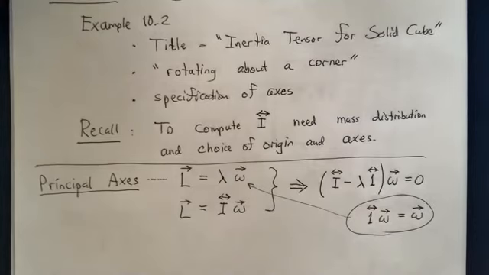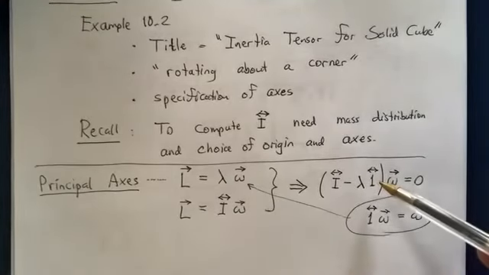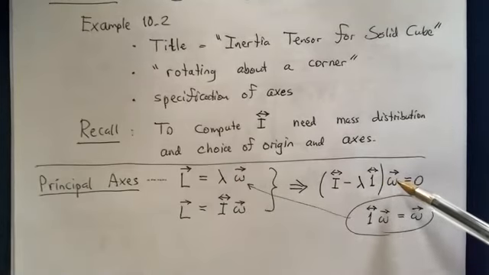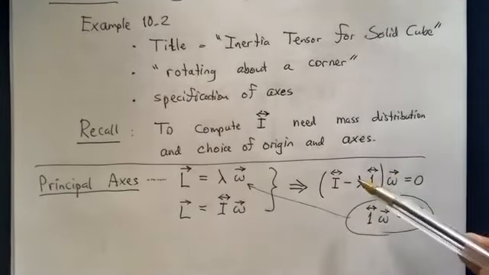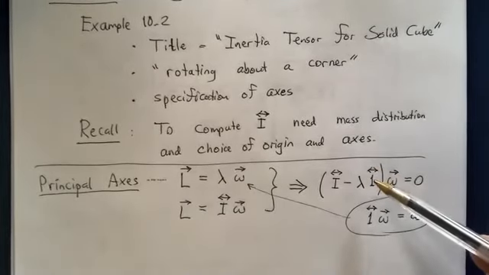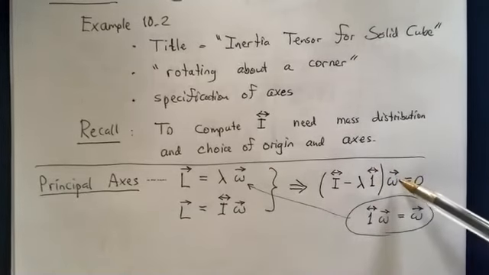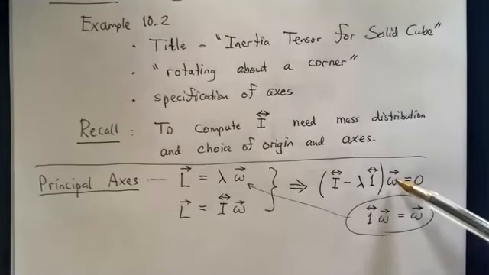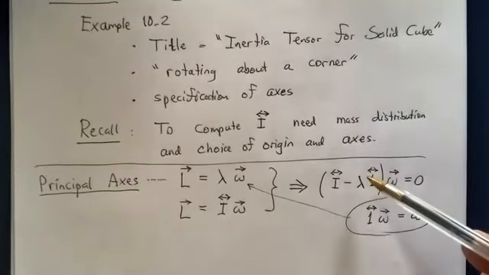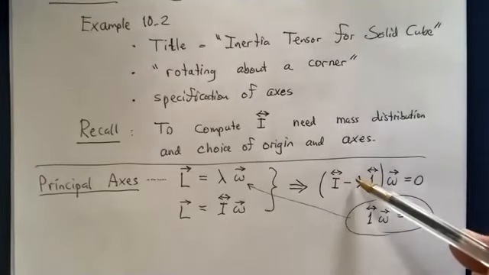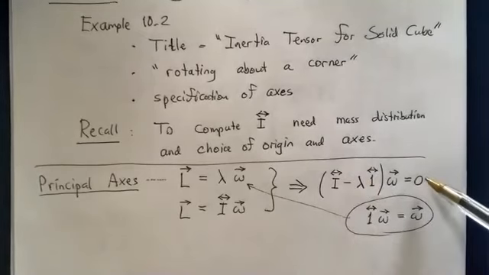Now you remember from Physics 89, if you have a matrix and if you can find a vector such that the matrix times the vector equals 0, then it must be true that the determinant of this matrix is 0, right? Because the existence of this vector means that you have a collection of coefficients, and you've formed a linear combination of the rows of this matrix that's 0.